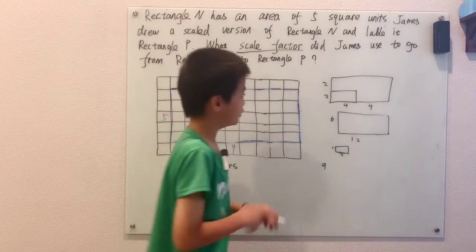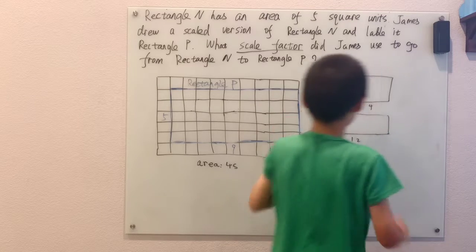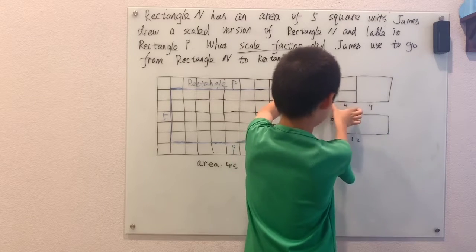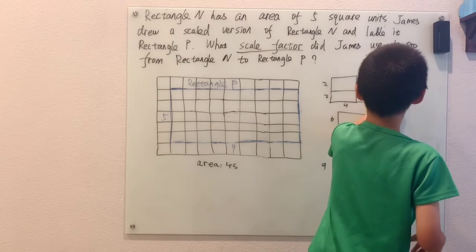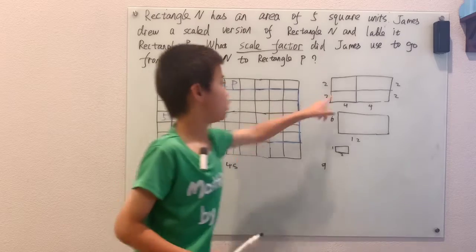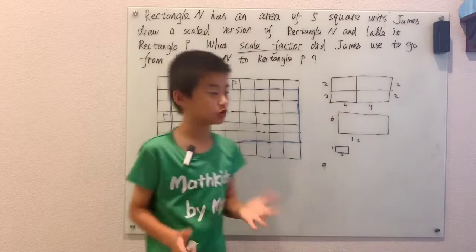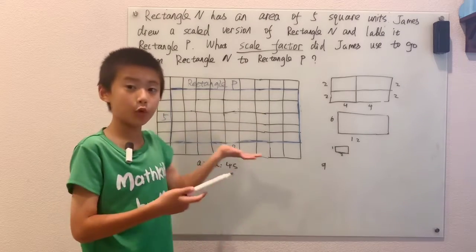But look what happens. After we do that scaling, first of all, this is 2 and 4, which means really, after we do the scaling, there are 4 of these identical little rectangles, which means the area really went up by 4 times.